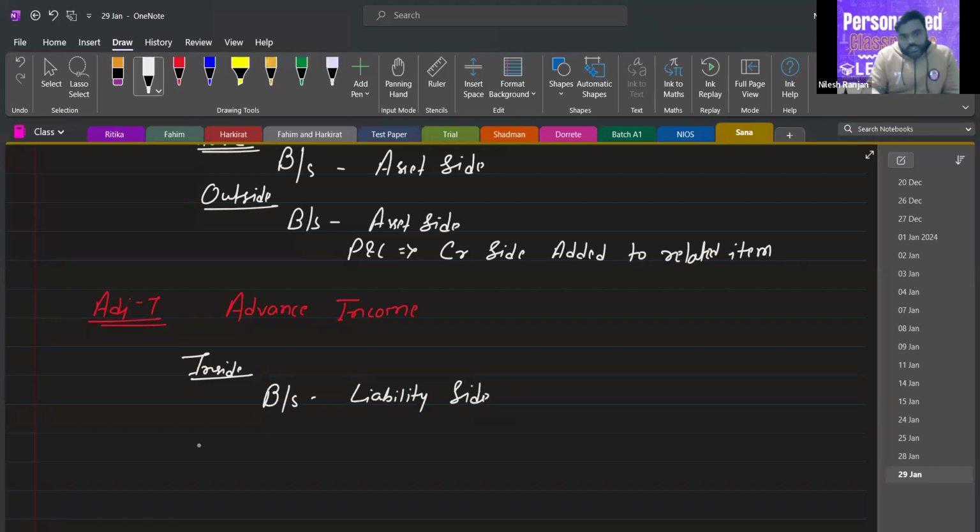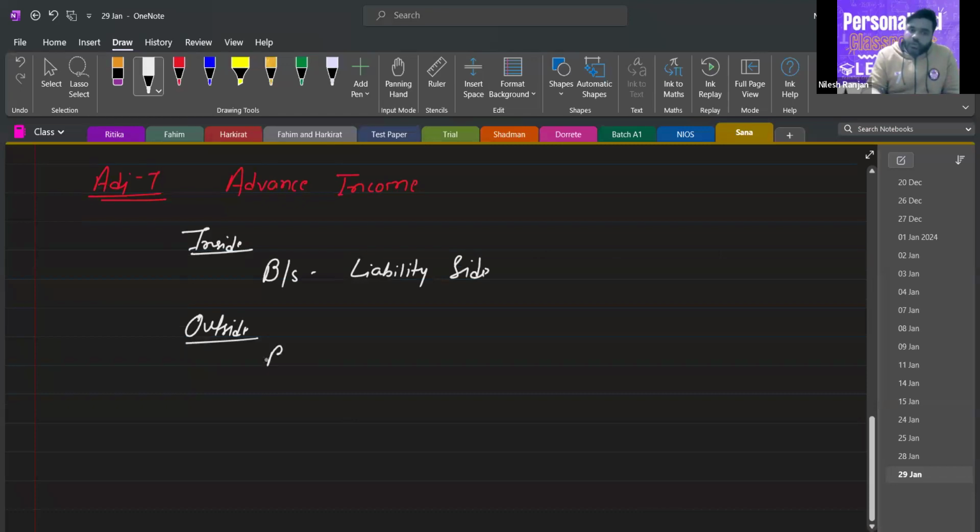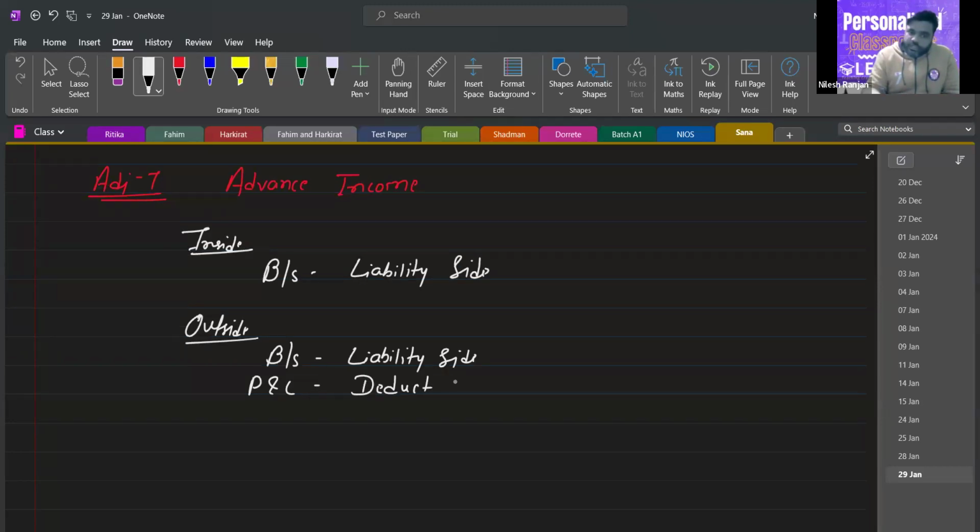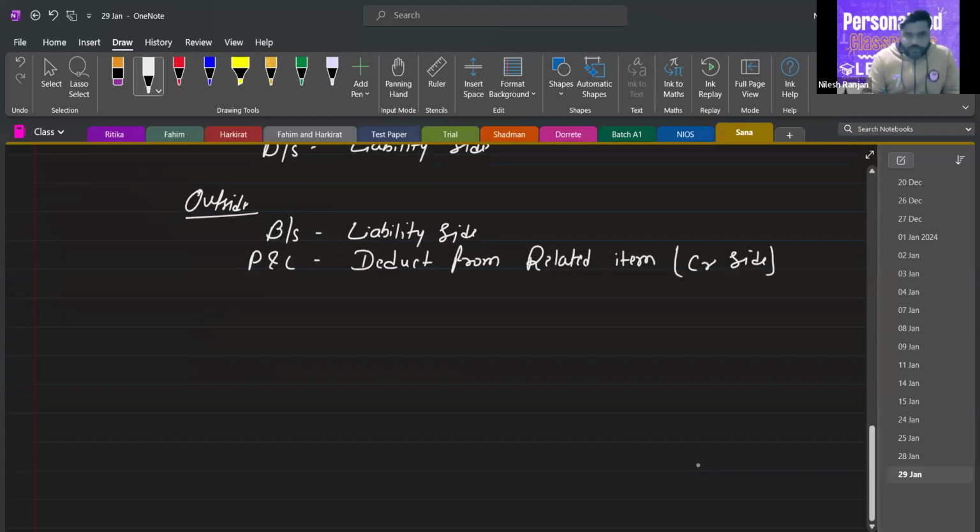And if it is outside, then balance sheet liability side is one and profit and loss, credit side, deduct from related item. So this is adjustment number 7.